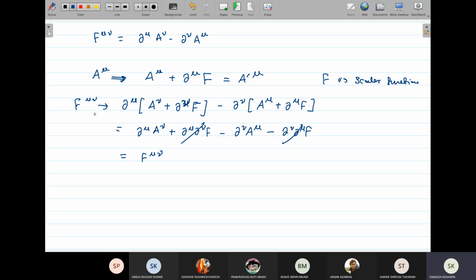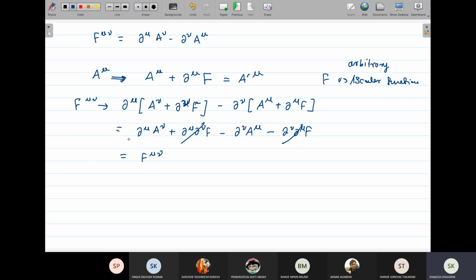What does it mean? It means that I can change my potentials in this way, where F is any arbitrary scalar function. So I can change my A like this while keeping my electric and magnetic fields the same. If F_mu nu remains the same, then the electric and magnetic fields are the same, because ultimately F_mu nu is the one which tells us about the electric and magnetic field.